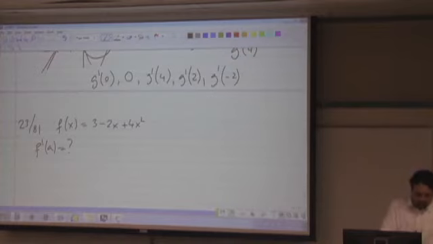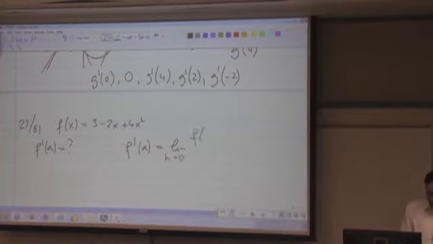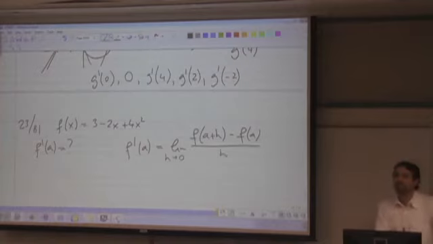What is, by definition, f prime of a? The limit as h goes to 0 of f of a plus h minus f of a, divided by h. Right?